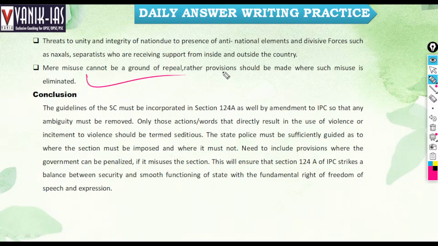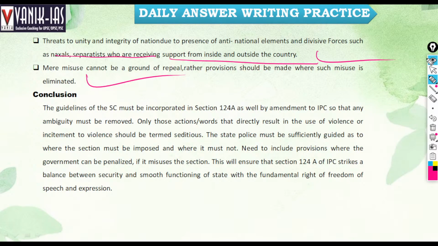Threats to unity and integrity of the nation due to the presence of anti-national elements and divisive forces, Naxals and separatists receiving support from inside and outside the country. Yes, they are also getting support. The separatists and Naxal supporters are also getting support. So how can they be caught?